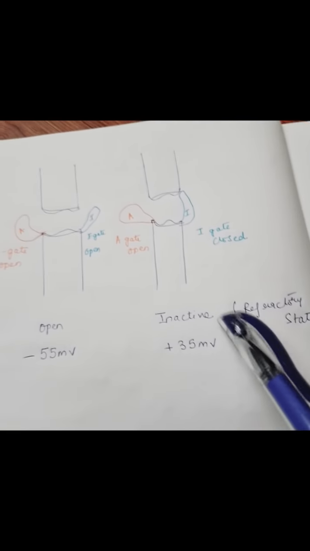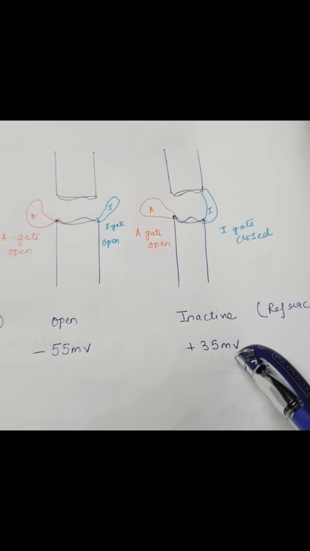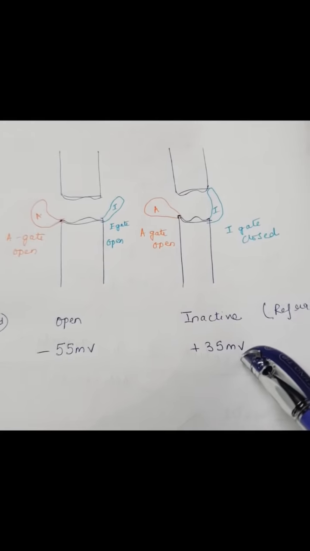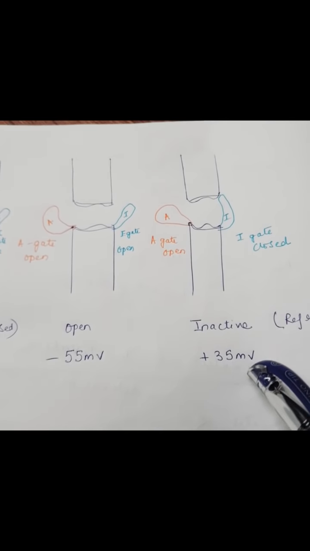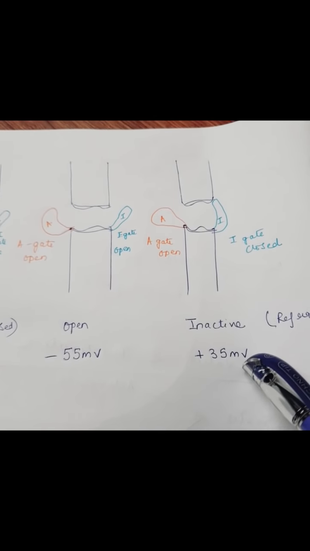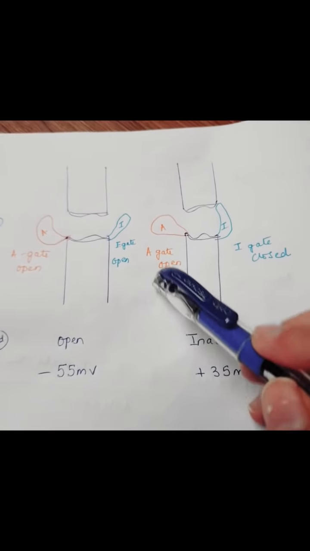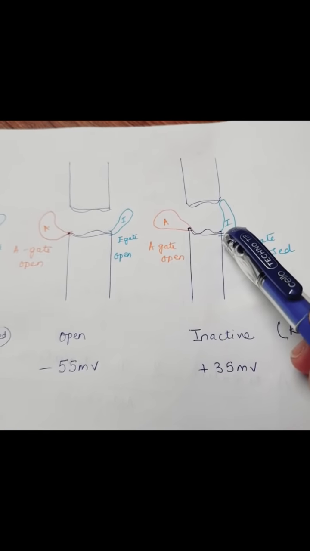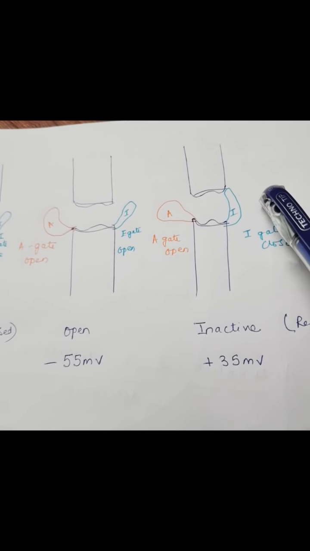Now, when the membrane potential reaches plus 35 millivolt, that is after the rapid depolarization, after the fast upstroke of depolarization, what happens? The activation gate remains open, but the inactivation gate is closed, and no ion can pass through this.